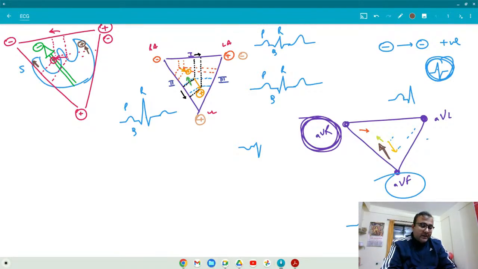So now tell me, it is electronegativity, and it is moving towards AVR. AVR is still the anode, right? Very good. Total negative. Everybody agrees with this. Correct. So it should go negative. That means like this. This is AVR. What about AVL?